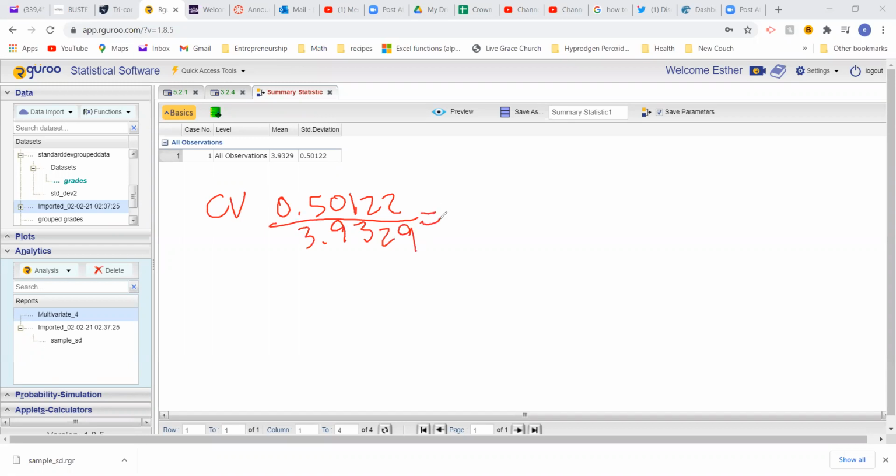And when you do that on your calculator, you get 0.1274, and that is 12.7%, because we just moved the decimal to the right 2 places. Okay, so that's the first coefficient of variation.